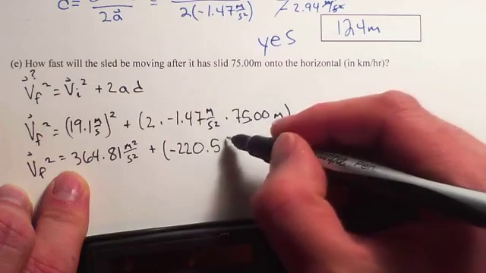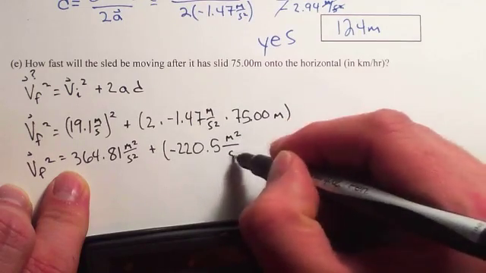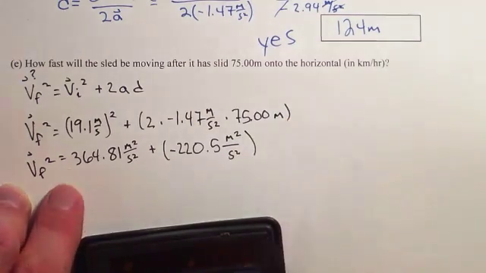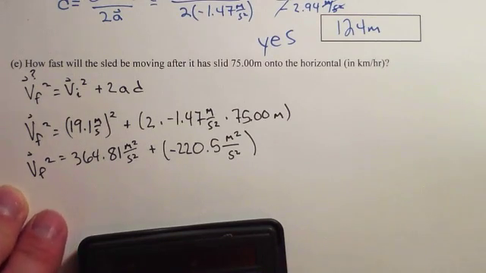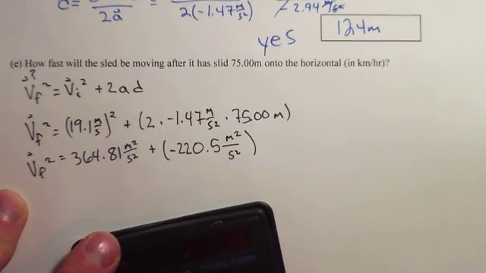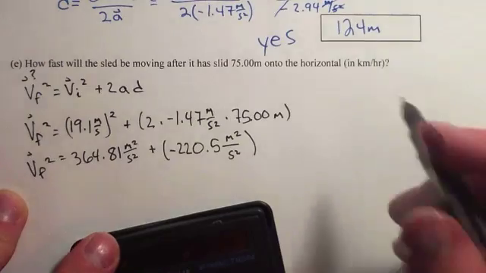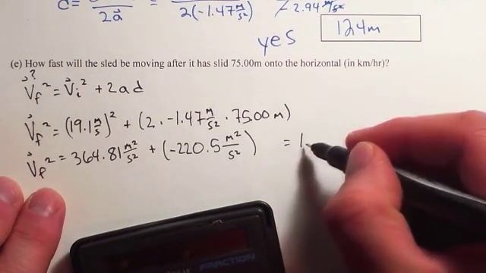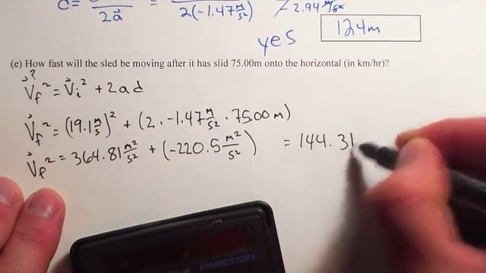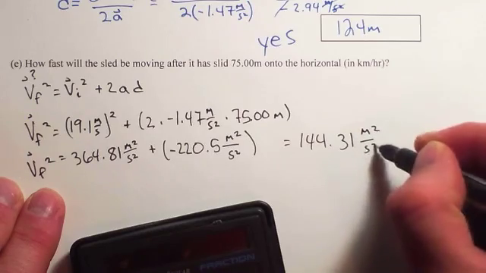Meters times meters gives me meters squared over second squared. So my units go together perfectly. Plus 364.81 is equal to 144.31 meters squared per second squared.